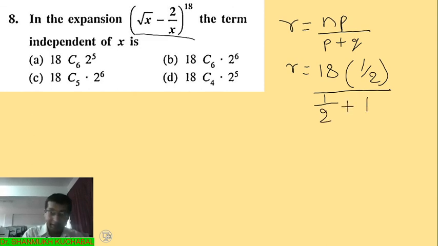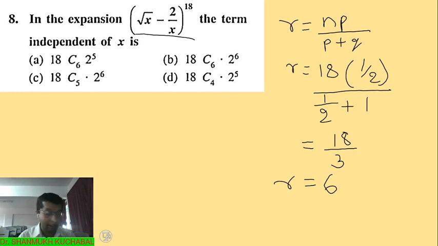If you simplify this, we get 18 divided by 3, then we get r equal to 6. Now we should not find the r value, we have to find the independent term.